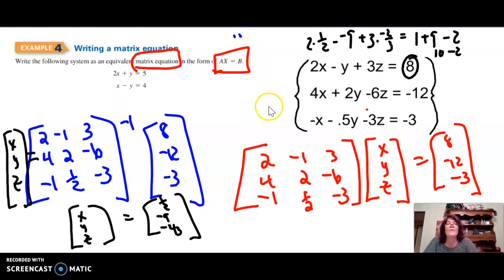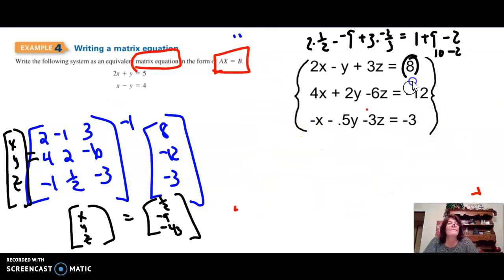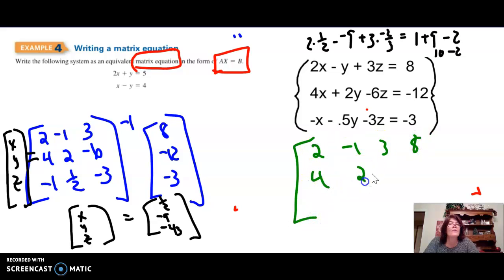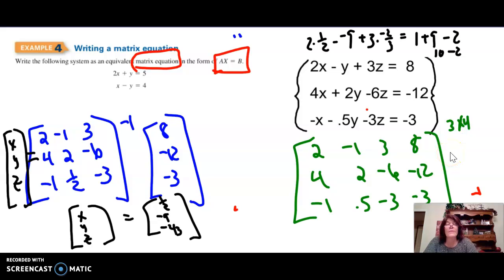I just want to show you the way we used to do it. If you wanted to do this the REF way, then I'd go 2, -1, 3, 8, 4, 2, -6, -12, -1, a half, -3, -3. I'd enter this 3 by 4 matrix, and I'd do the RREF.